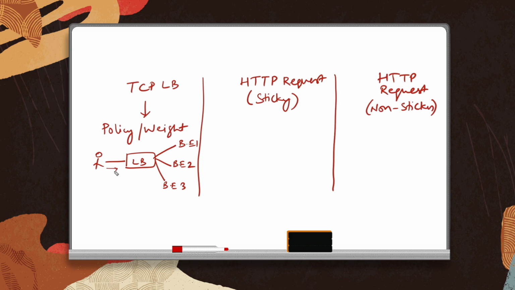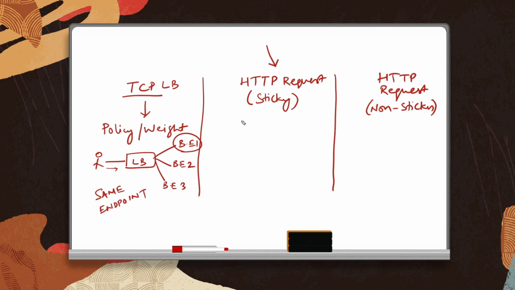Based on the policy and the weight criteria that we have defined, it is going to send that request, let's say, to backend server 1. What happens in this case is the subsequent packets on the connection are going to be sent to the same endpoint.